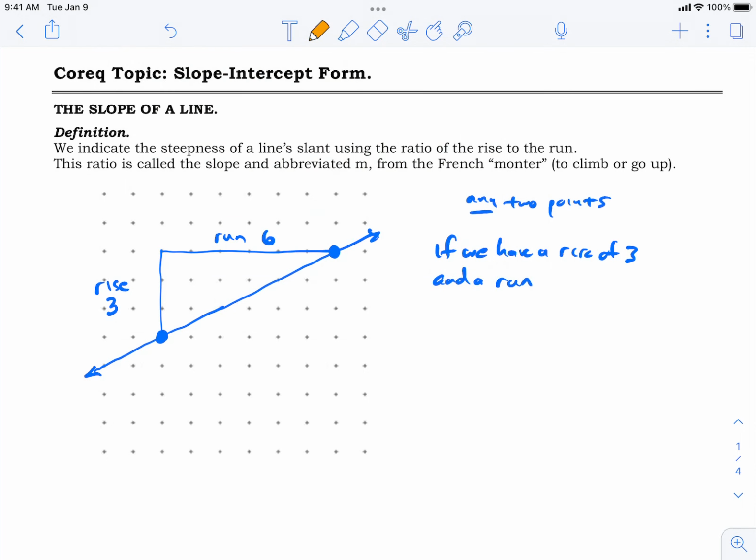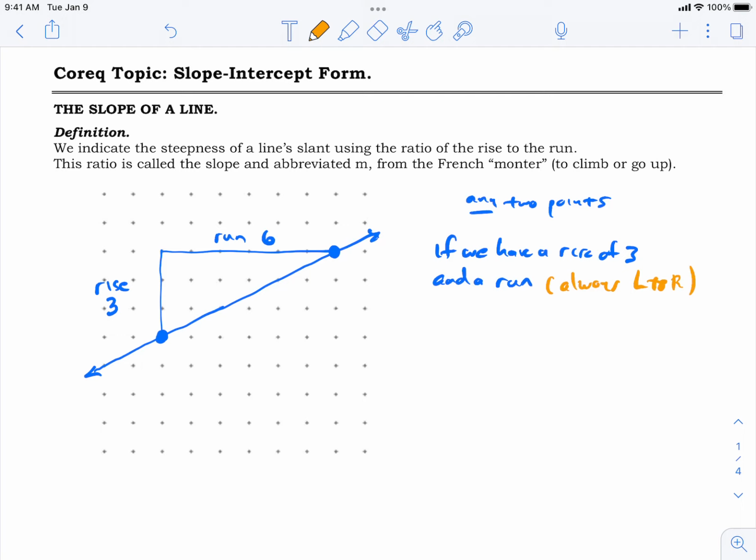The run is always left to right. When you're talking about a run, you always go left to right. So I'm going left to right when I talk about my run here.